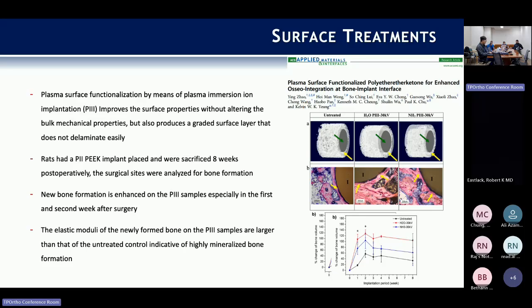These treated cages showed greater bone mineralization at 2 weeks and better histology. It demonstrates the value of biologically active surfaces, especially on bioinert materials such as PEEK. It improved the bone response after they modified the surface.